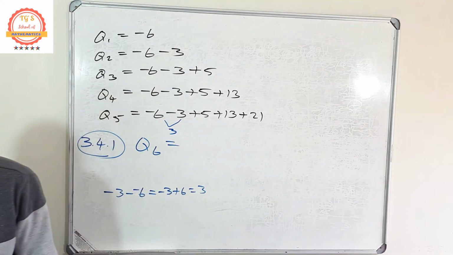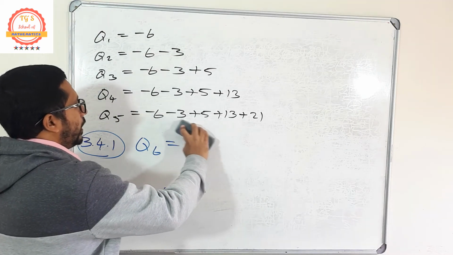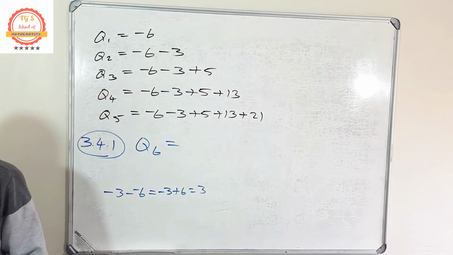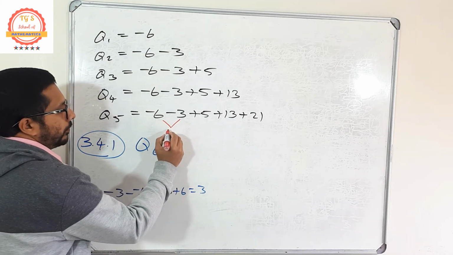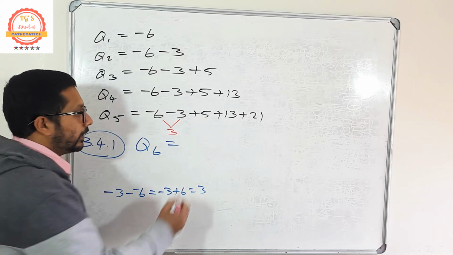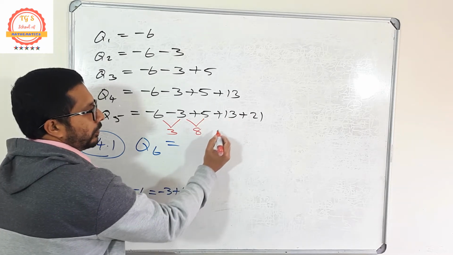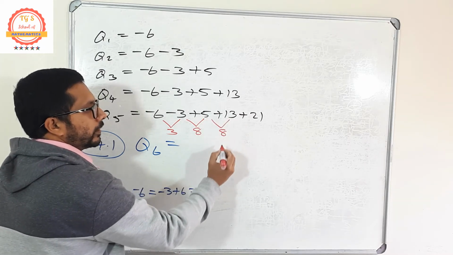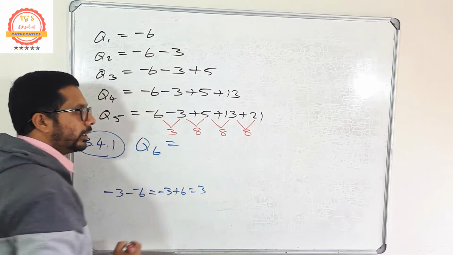Okay, let me write with another color. Here the difference is 3. 5 minus 3, that is 8. 13 minus 5, that is also 8. 21 minus 13, that is also 8.